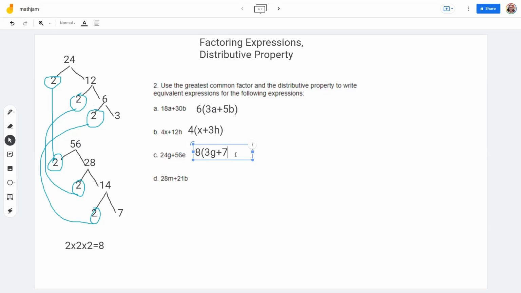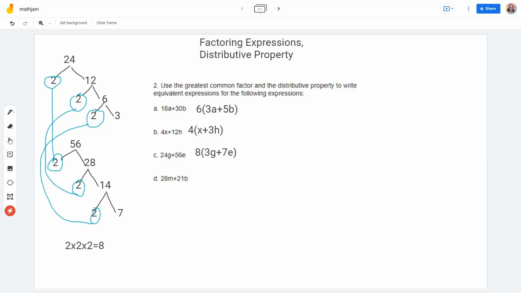So 7e. Okay, so do you see how that works there? So we are saying here that 24g plus 56e is the same as 8 times 3g plus 7e, because whatever we do to one side, we have to do to the other. So we are multiplying our 8 times 3, and then we're multiplying our 8 times 7. And so remember, 8 times 3 is 24, 8 times 7 is 56.